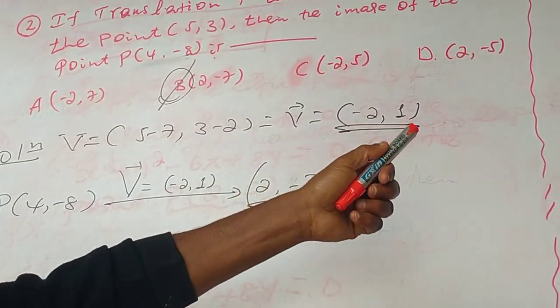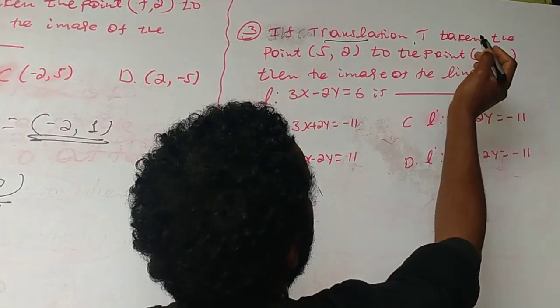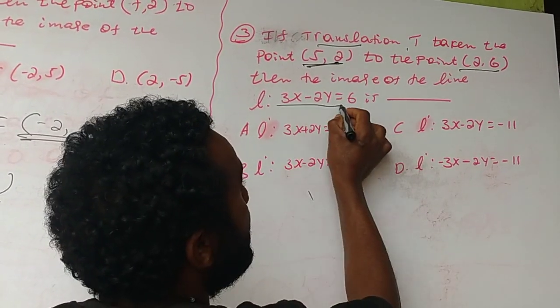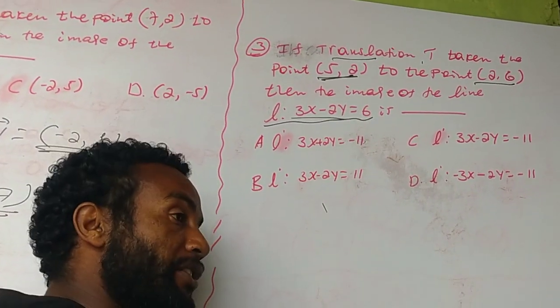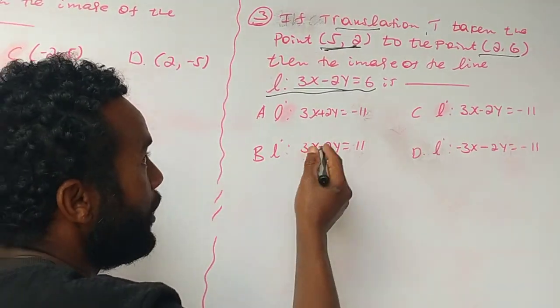Number 3: the translation T takes the point from this one to this one. Then find the image of the line. The image of a line is a line, and the image of a point is a point.